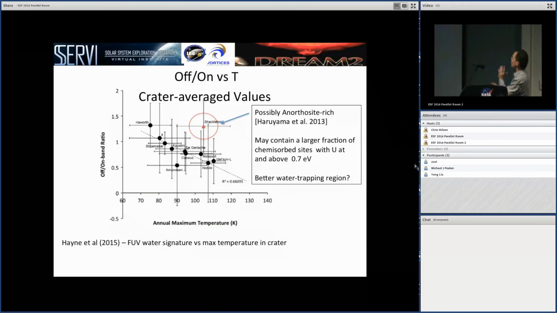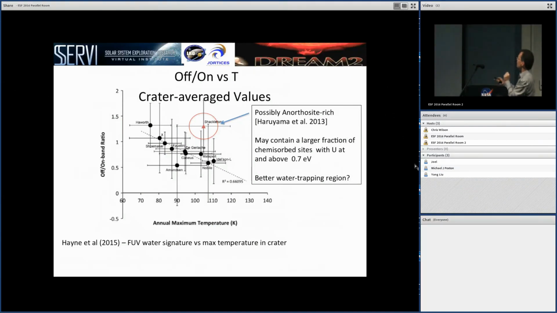So the bottom line is, we can't help wondering. Kaguya, looking at their NIR system, found that in fact Shackleton is anorthosite-rich. Now, anorthosite is UV bright, but it also may contain a larger fraction of these chemi-absorb sites compared to these other craters.